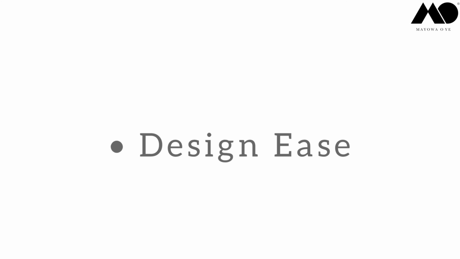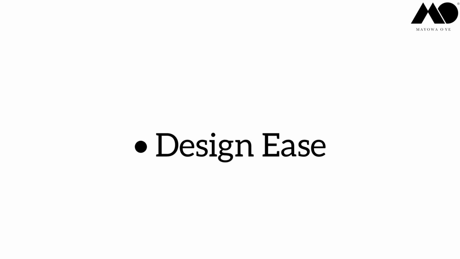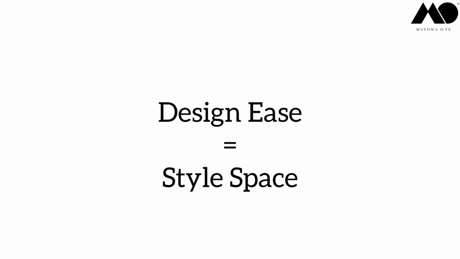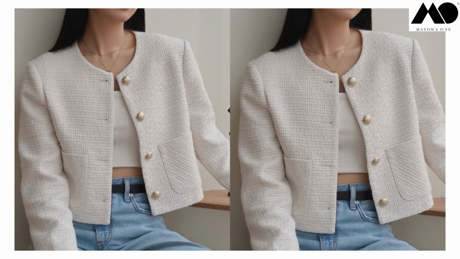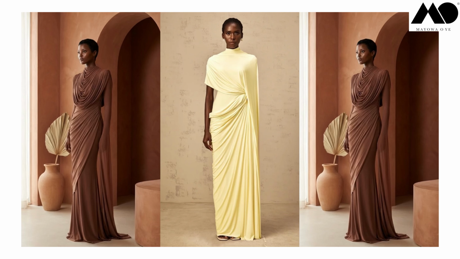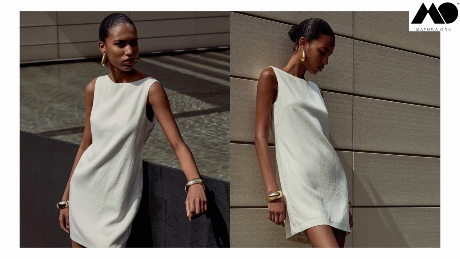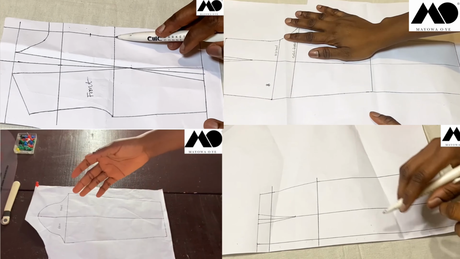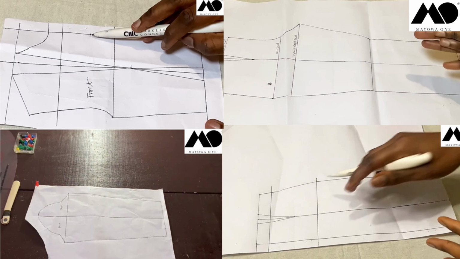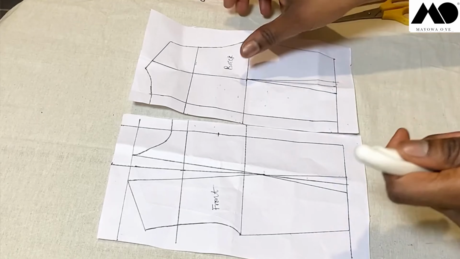Number 2, design ease. Design ease is the extra space you add for silhouette, style, and visual identity. It's what you use when you are creating things like oversized shirts, boxy jackets, fluid drapey dresses, balloon sleeves, and minimalist shift dresses. So when someone says a garment looks effortless or luxurious, what they are simply responding to is the well-controlled design ease that was added to the garment.